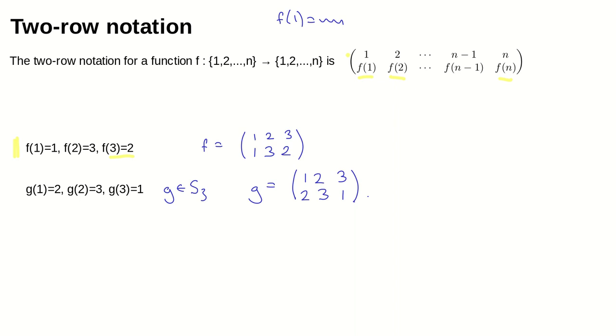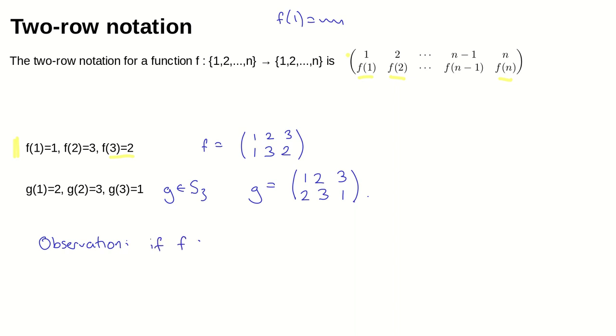Before I stop here, let's just make one observation about two-row notations for permutations. Let's think about the two-row notation for a permutation of the set 1, 2, 3 up to n.